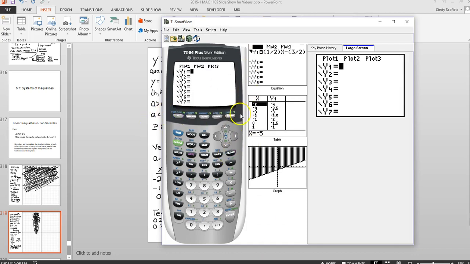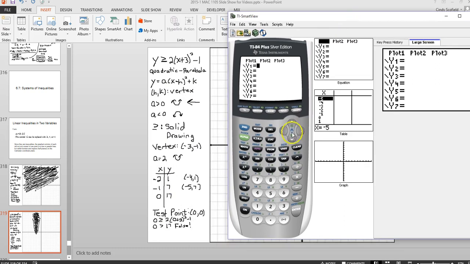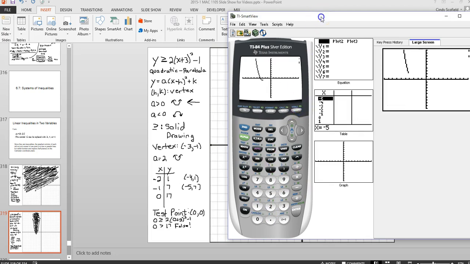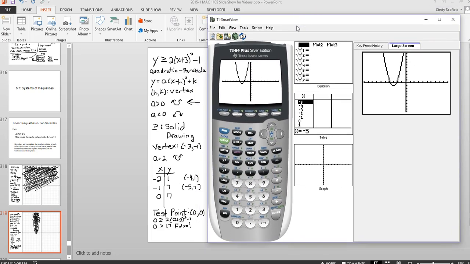Let's clear out and start fresh. Do 2 parentheses x plus 3 parentheses squared minus 1. You hit graph. There's your parabola. But since it's y greater than or equal to, here's your little shortcut: you don't have to use a test point.